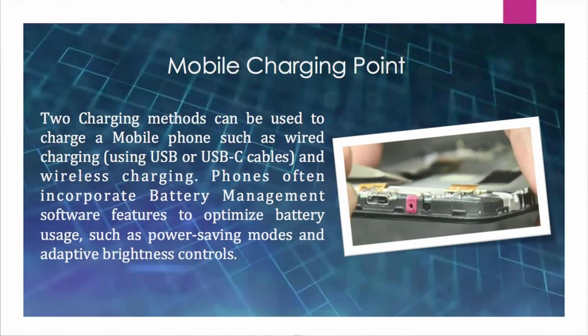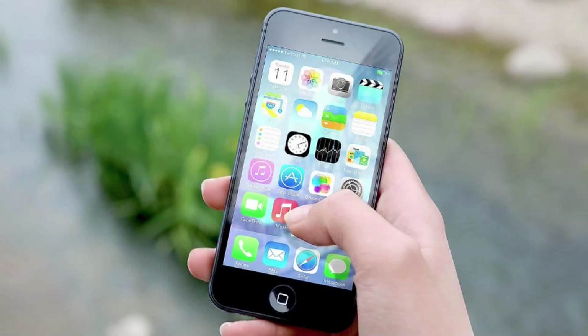Two charging methods can be used to charge a mobile phone: wired charging using USB or USB-C cables, and wireless charging. Phones often incorporate battery management software features to optimize battery use, such as power saving modes and adaptive brightness control. In many smartphones, batteries are non-removable due to the design and construction of the phone.